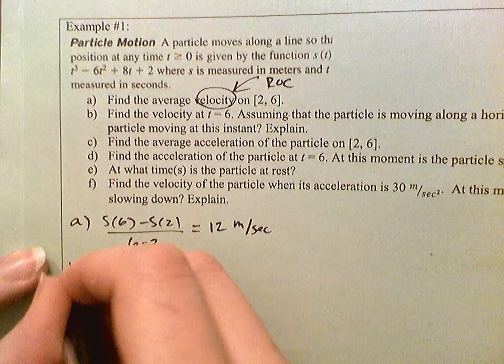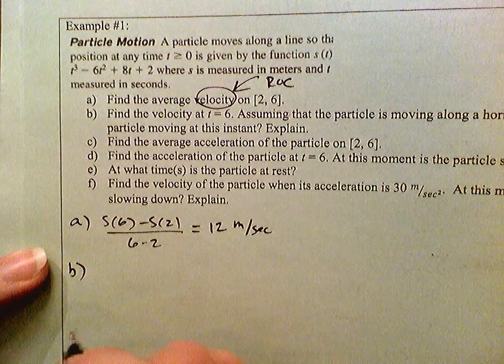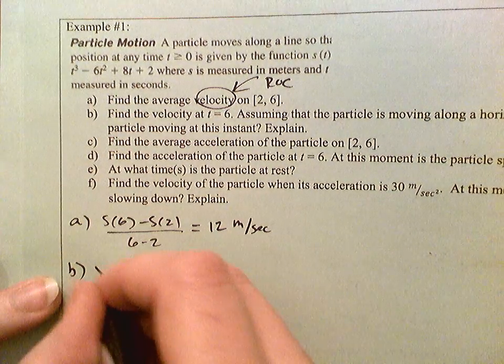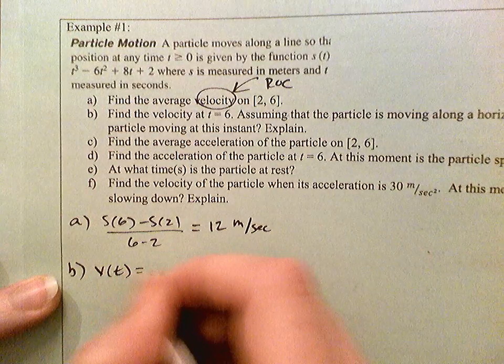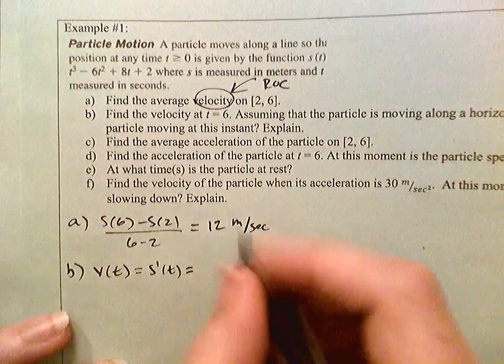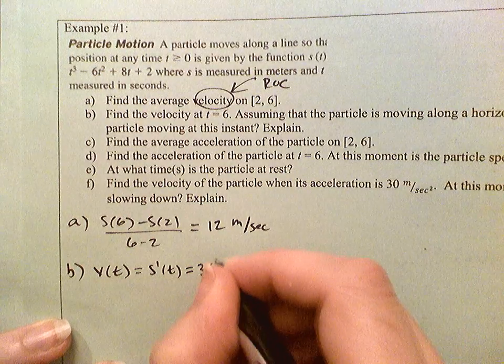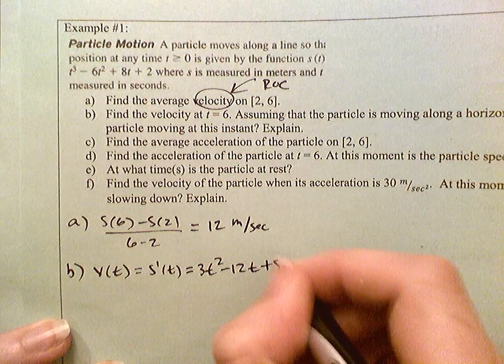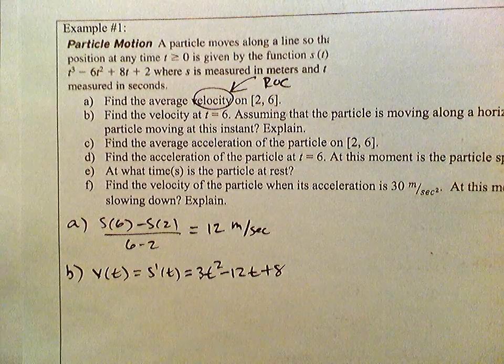Okay, so for B, the velocity function is going to be the first derivative of the position function, which is 3t squared minus 12t plus 8.